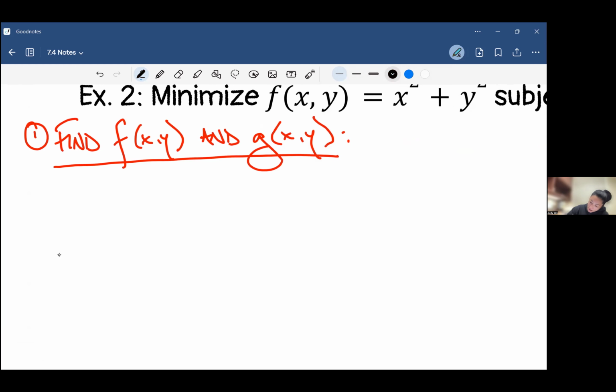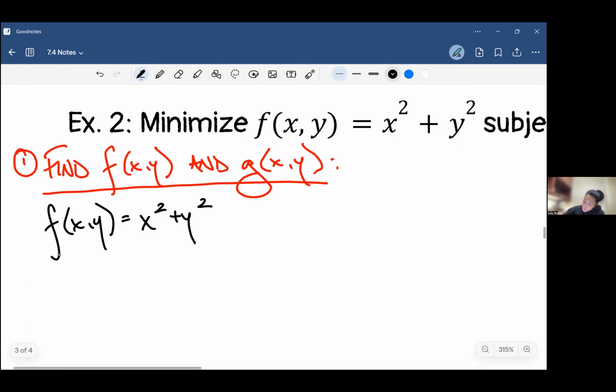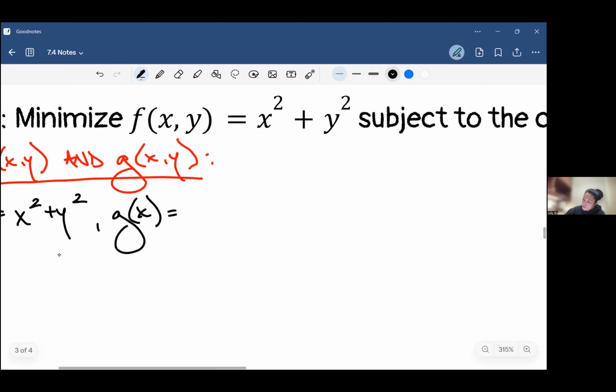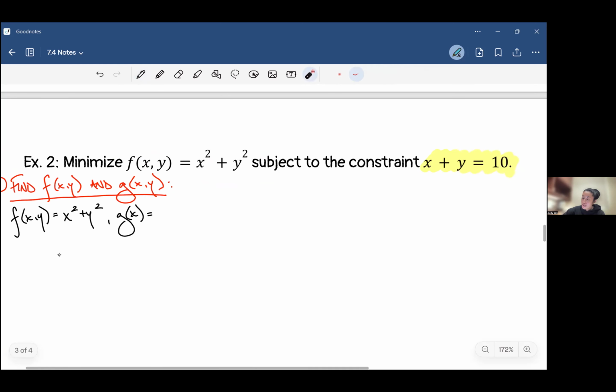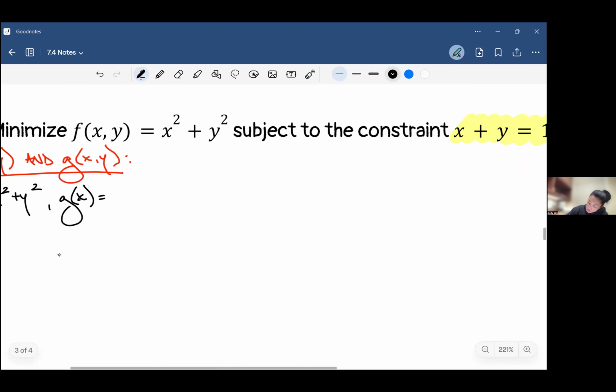Now, f of x,y, we don't have a lot of work to do this time because they gave it to us: x squared plus y squared. And our g of x,y, we do have to do a little bit of work, but we know g is related to the constraint. And so we want to take this x plus y equals 10, and we're just going to subtract the 10 so we can make that g equal 0. So x plus y minus 10 equals 0.